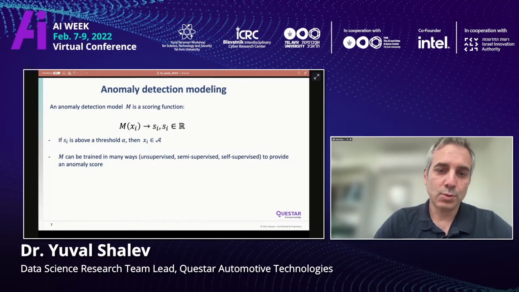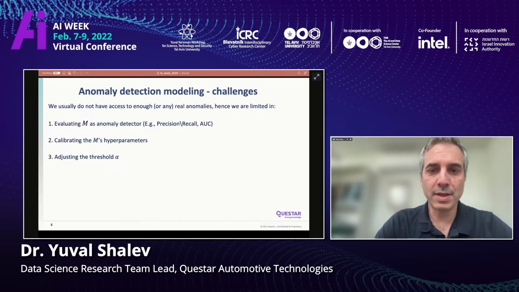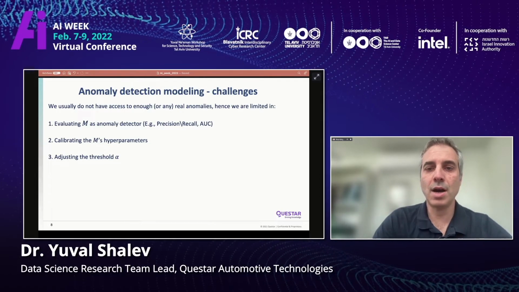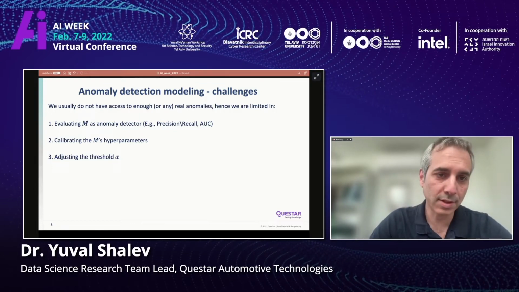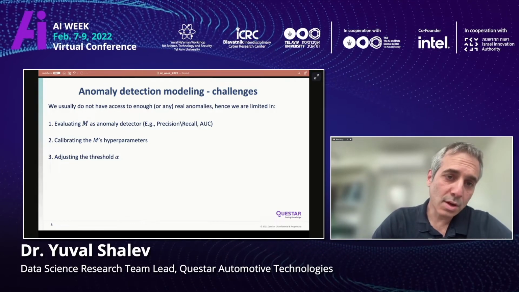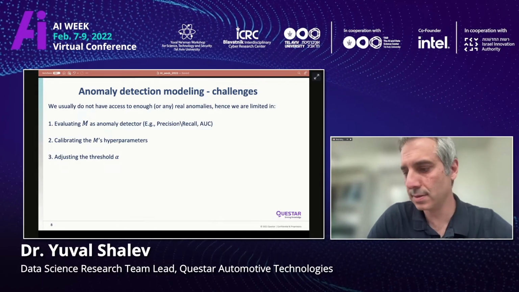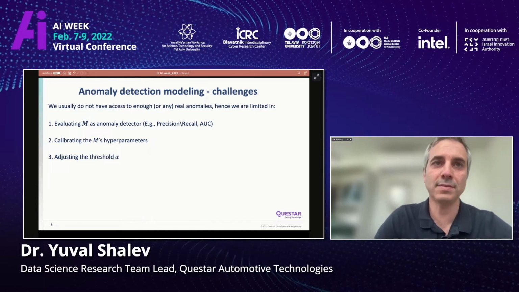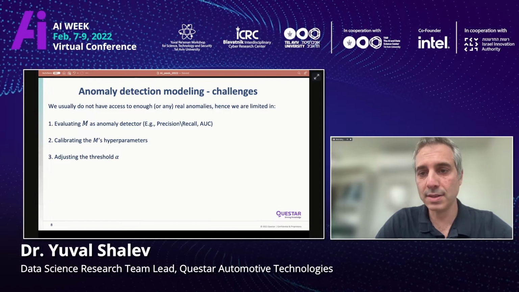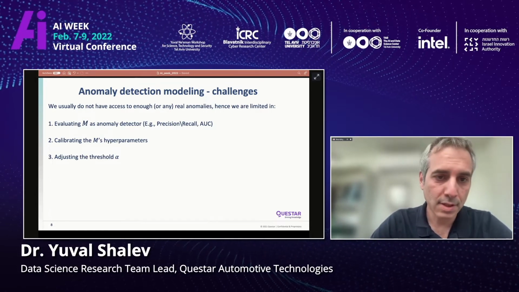As I said, we have enough to choose from, but the main problem is how do we know that an anomaly detection model actually works? We usually do not have access to enough or any real anomalies. This is by definition: we are trying to find something that is very rare or doesn't exist at all in our current data set.